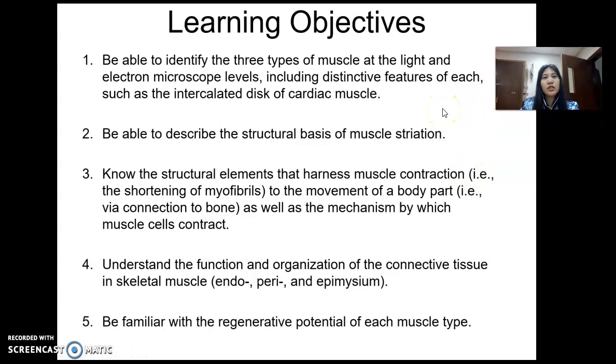Our learning objectives for today: number one, to be able to identify the 3 types of muscles. Number two, be able to describe the structural basis of muscle striation.